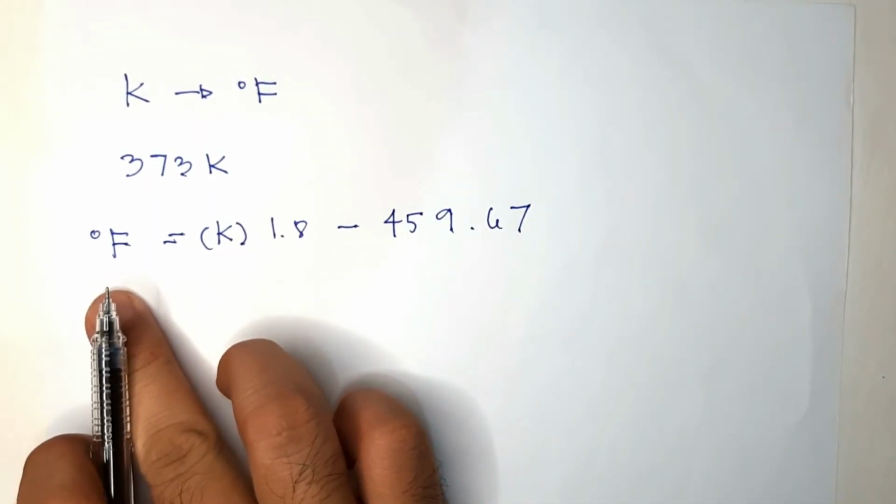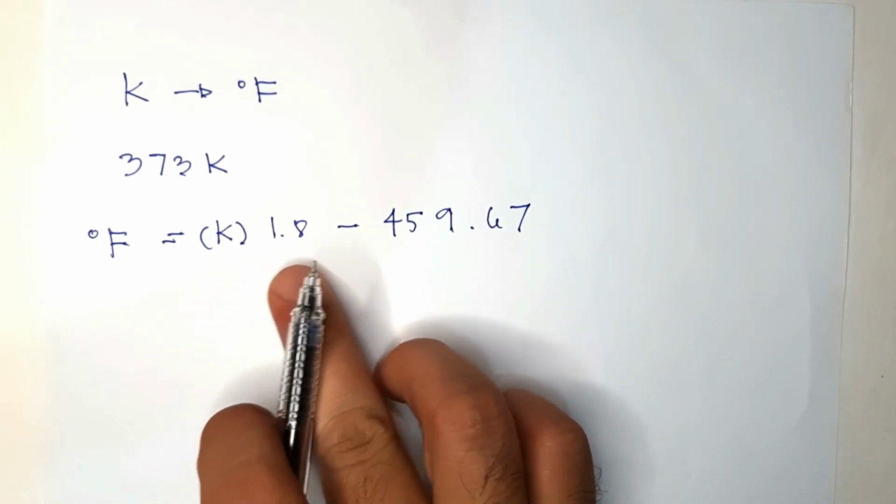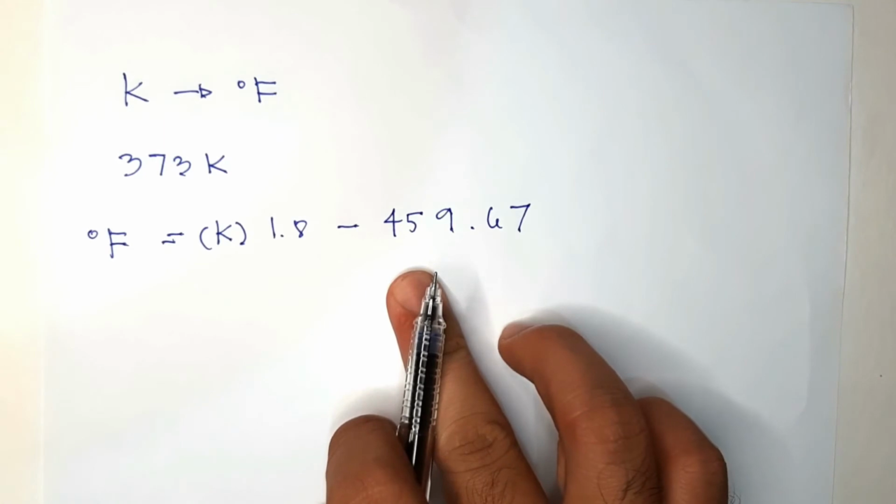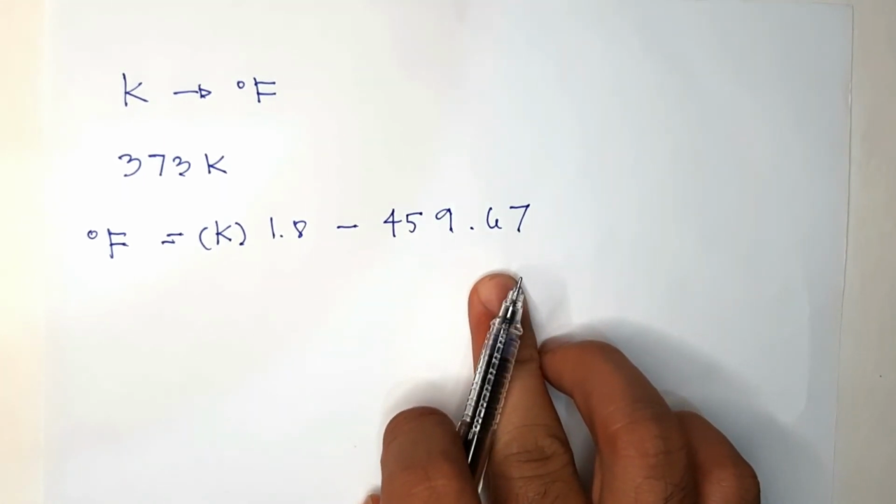So degree Fahrenheit is equal to Kelvin times 1.8 minus 459.67.